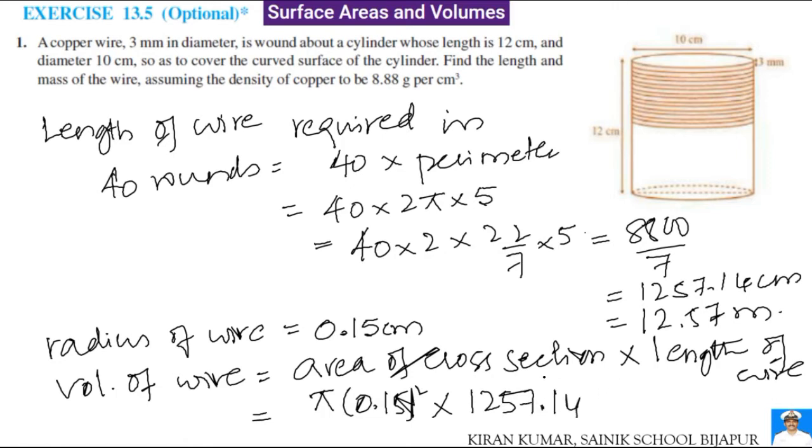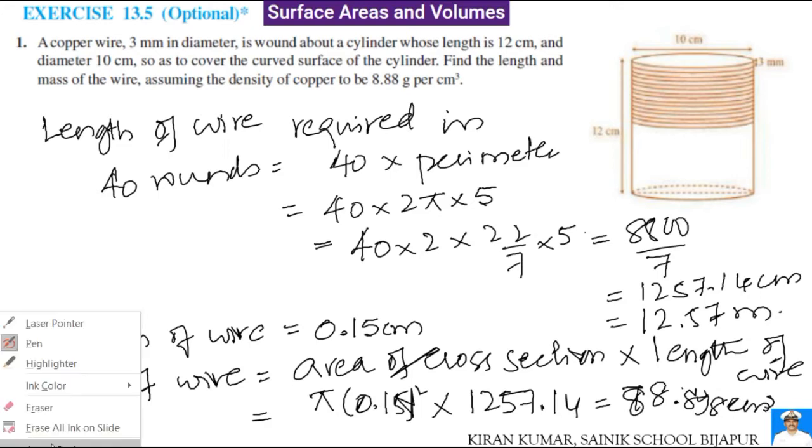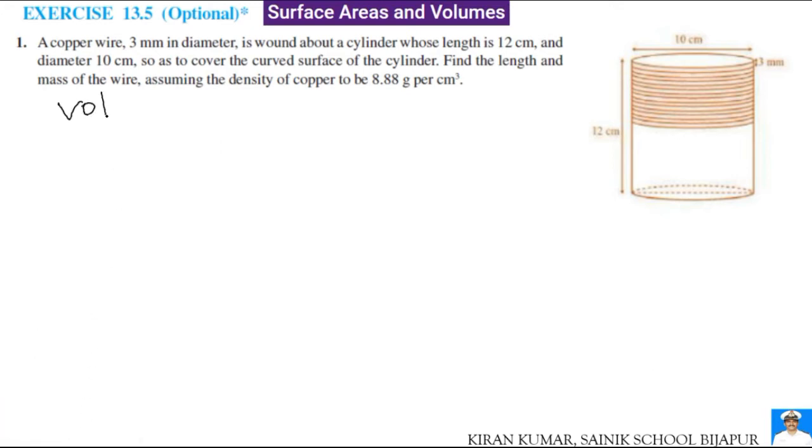Since the radius is taken in centimeters, I have to consider the length also in centimeters. Substituting pi as 3.14 and simplifying, the approximate value is 88.898 centimeter cube. So the volume we have found is 88.898 centimeter cube.